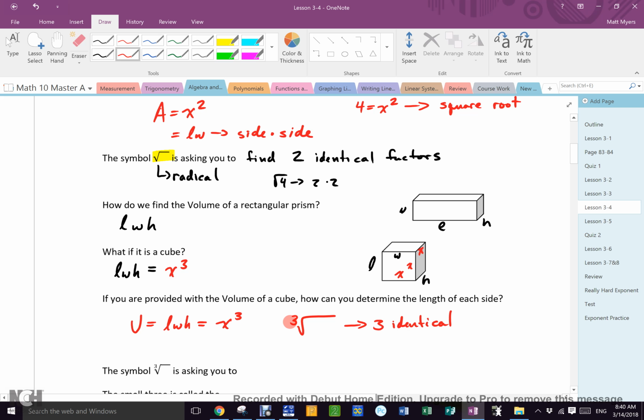There's a little number right there. That 3 tells me I want 3 factors. Everybody cool? So here's the symbol again. There's that radical sign. Except this time, what's it asking me for? 3 identical factors.